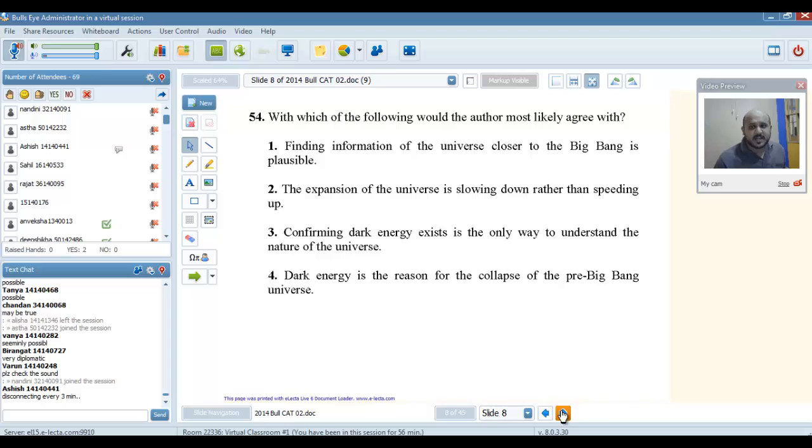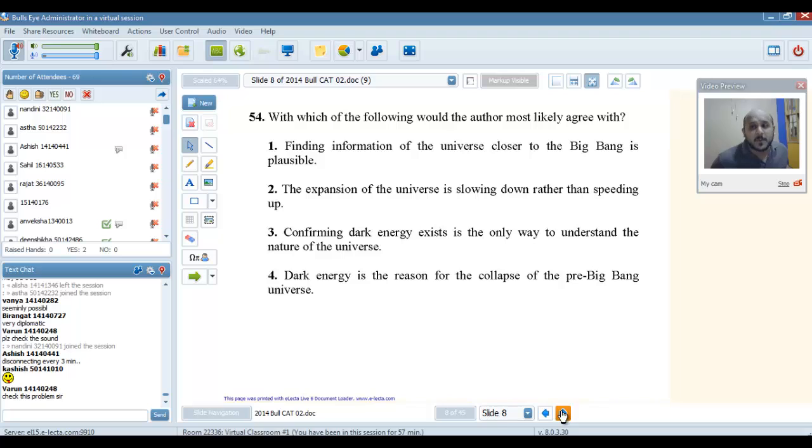Those waves travel over a period of time, so we get information of a previous era. Similarly, it is possible that at some point of time we might get information which was there at the time of the Big Bang. Those waves might reach us. So it becomes plausible in this case.